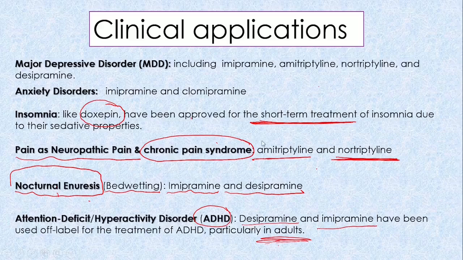These are the clinical applications of TCA. As we can see, they have many clinical applications, whether approved or off-label use. We, as medical professionals, have to know about these uses and we have to know about their contraindications.